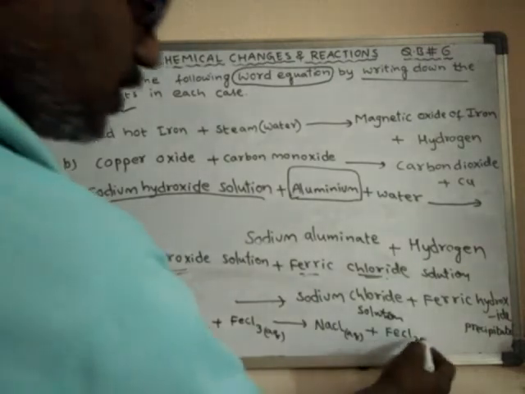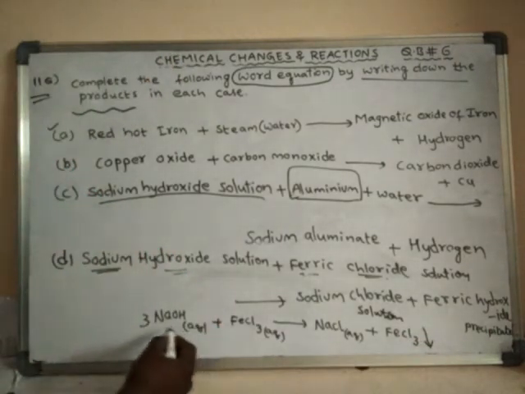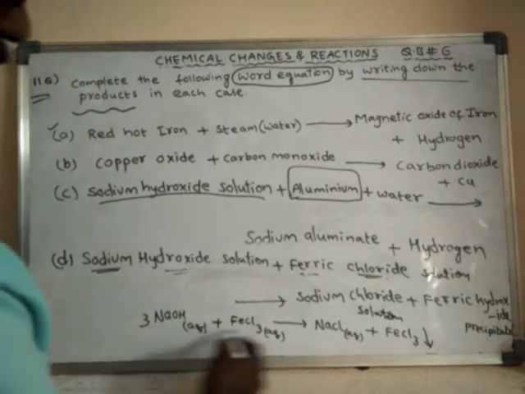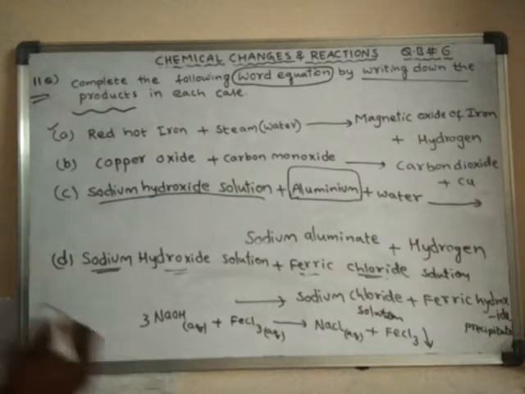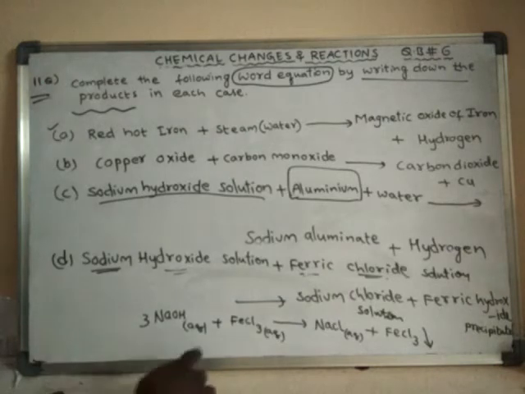Okay, so this is a precipitate. It is an insoluble substance which is formed due to the reaction between these two substances. So this is an example of a double displacement reaction, or else it is also called a double decomposition reaction. Okay, so now no need of learning about this chemical equation.